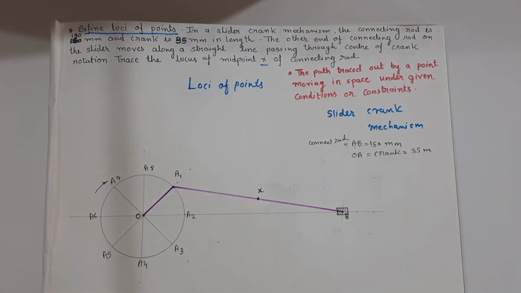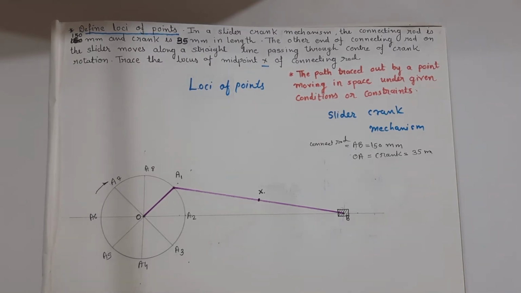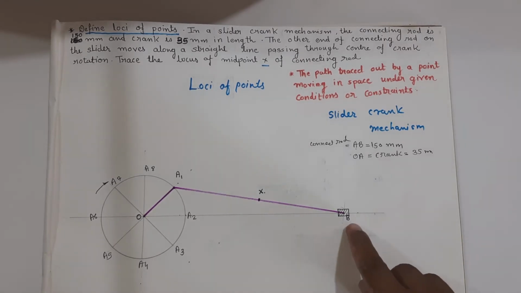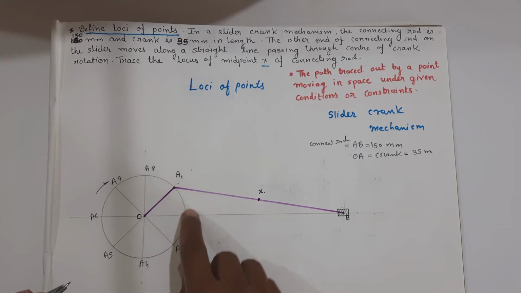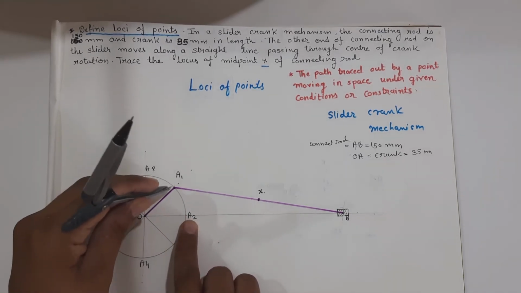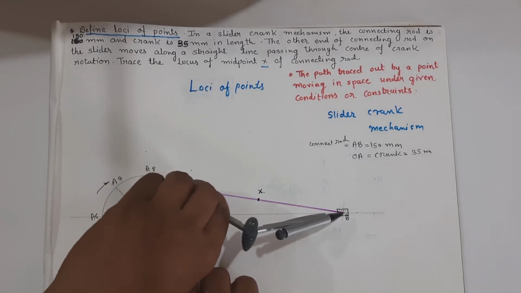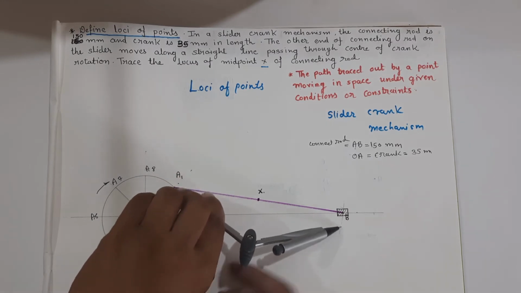Now, to find out the locus of point B, whenever the crank reaches A1, first of all measure the length of the connecting rod, 150 mm, on the rounder.